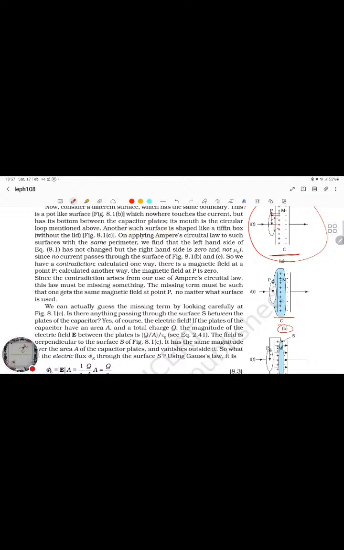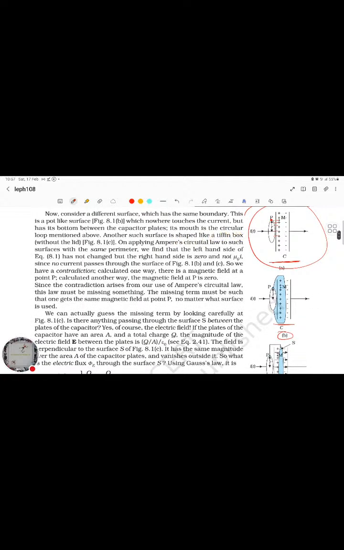So it does not touch the current anywhere, though its bottom is between the capacitor plates, like we are fixing them. Its mouth is the circular loop mentioned above.